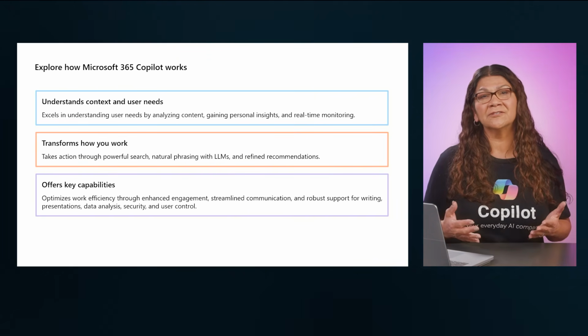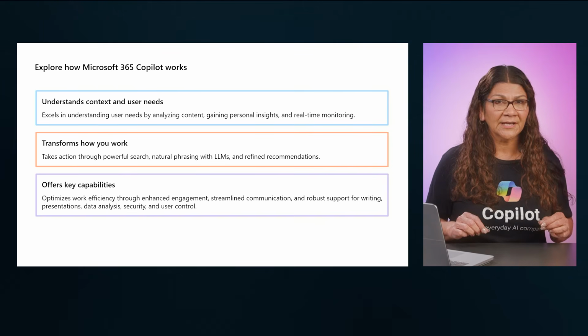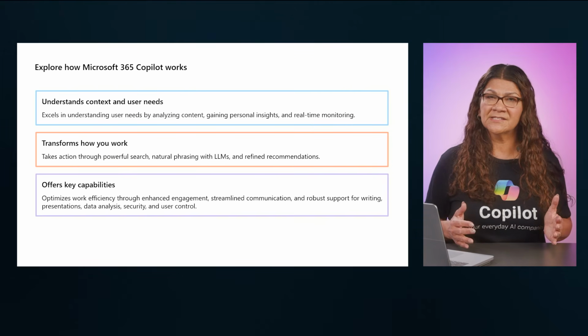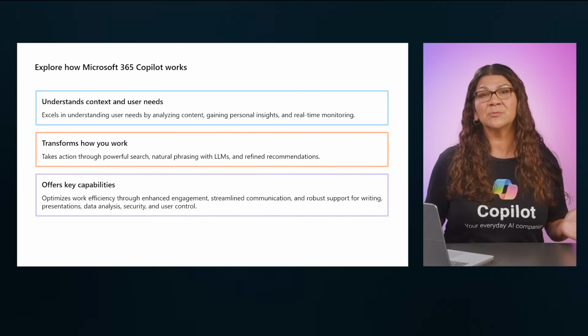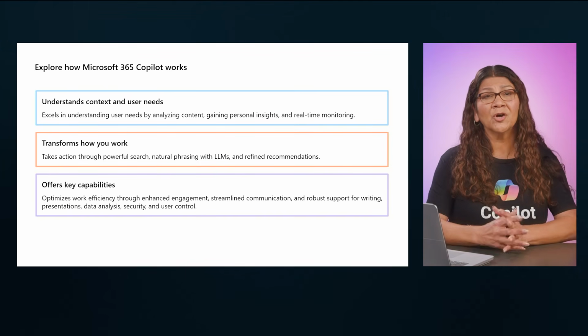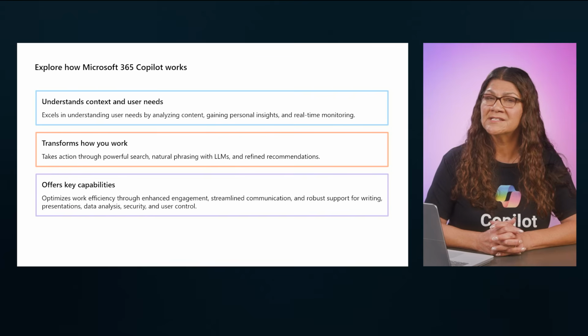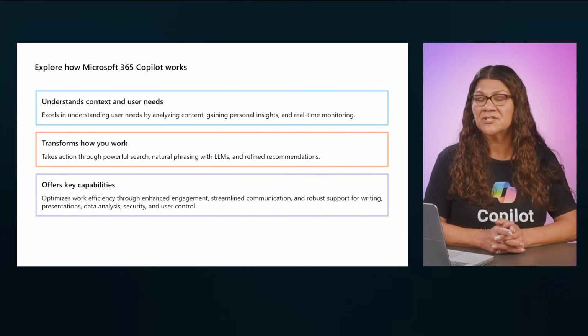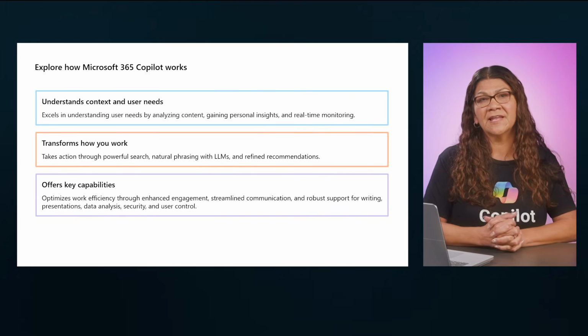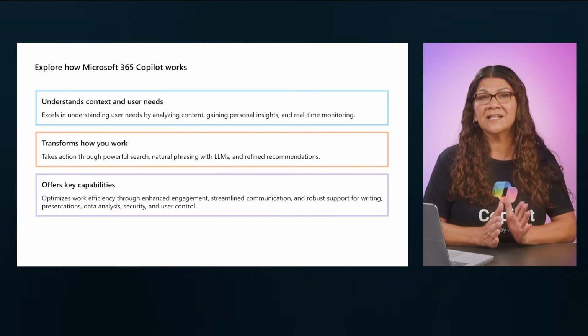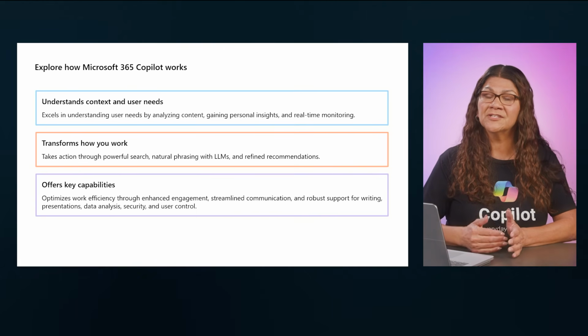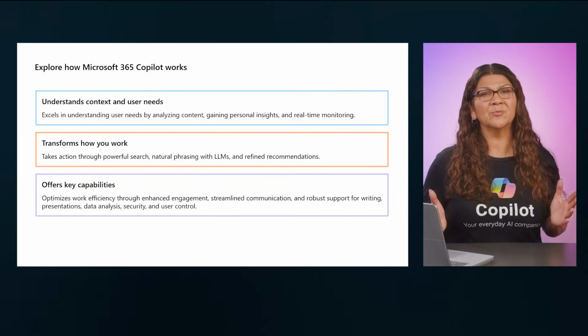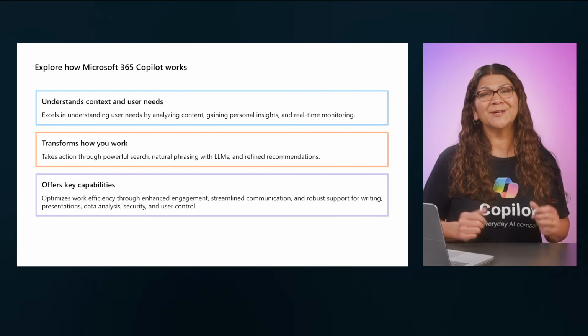All of this is grounded in our enterprise-grade security, compliance, and privacy, ensuring that your data stays protected. And because you're always in control, you decide what to keep, what to change, when to override AI suggestions, maintaining the human judgment at the center of your work. Copilot brings the intelligence, you bring the direction.